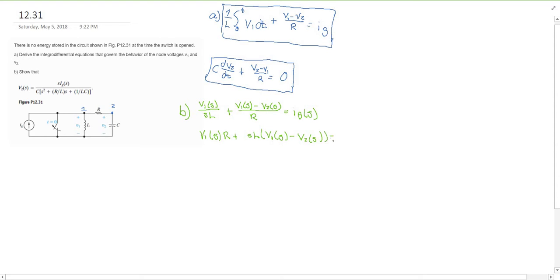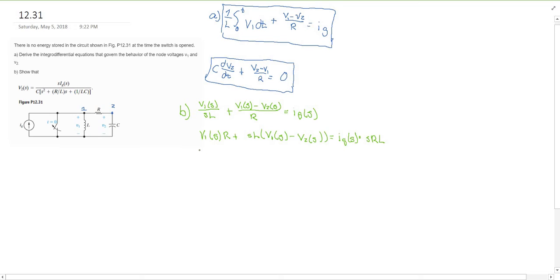They both have the same denominator, and then you pass the denominator to the other side. I'm going to skip that step since it's relatively simple. On this one you multiply times sL, and on this one you multiply times RL, so your bottom is going to be sRL, and then you multiply both sides by sRL, and that's how you get to the second equation right here.